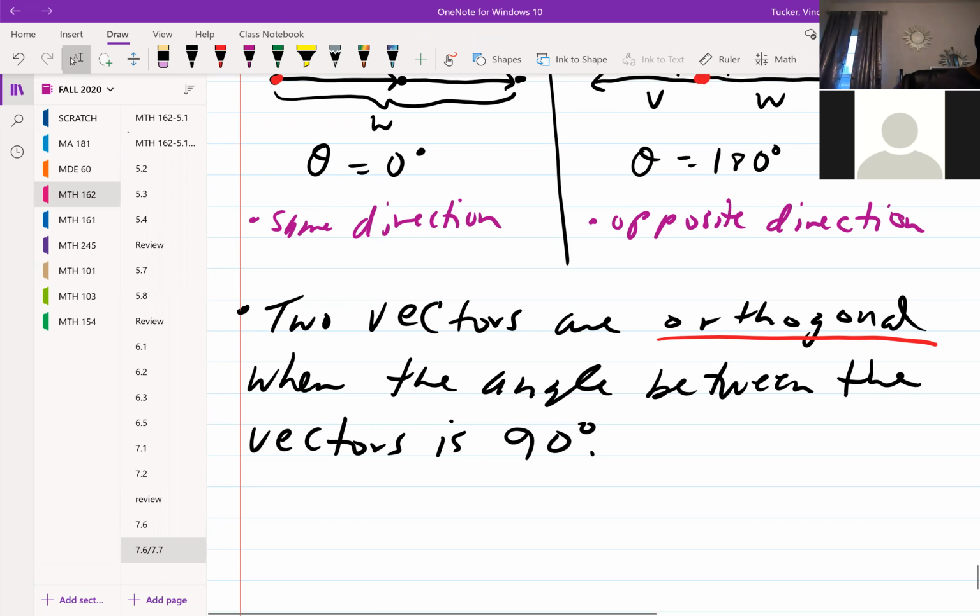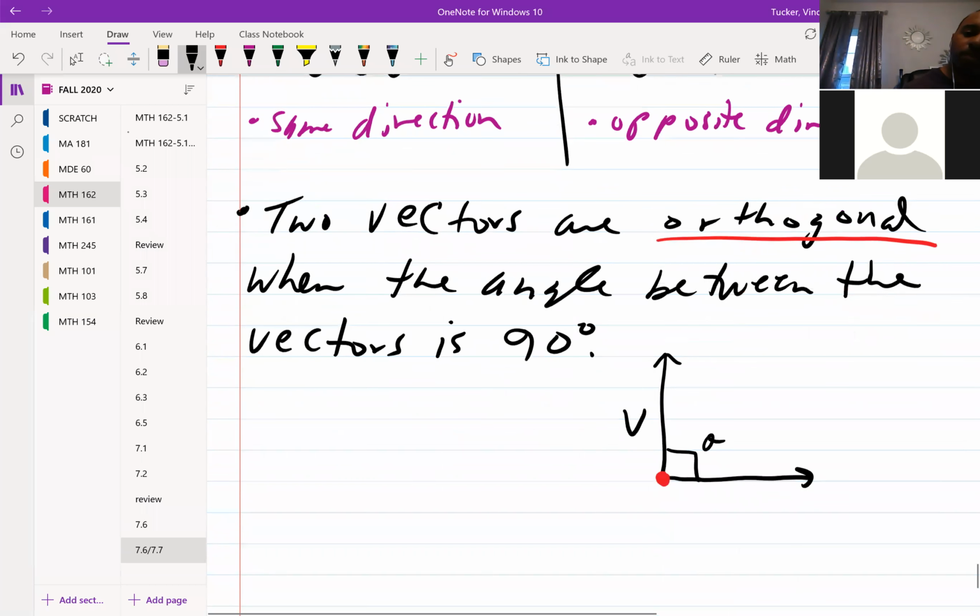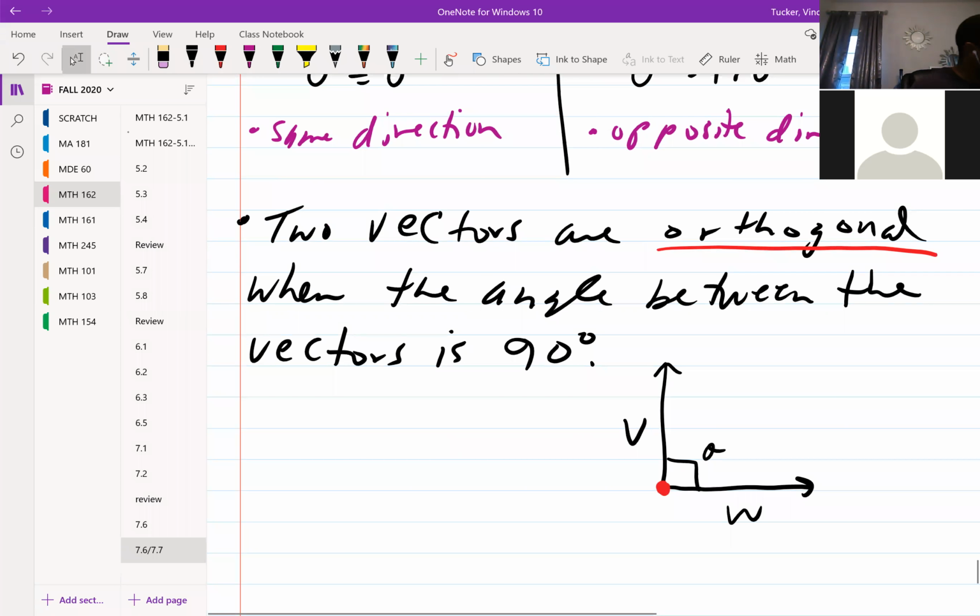It's another way of talking about perpendicular, but they believe orthogonal best describes these vectors versus using perpendicular.